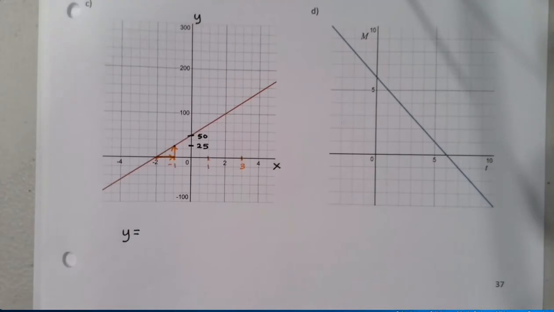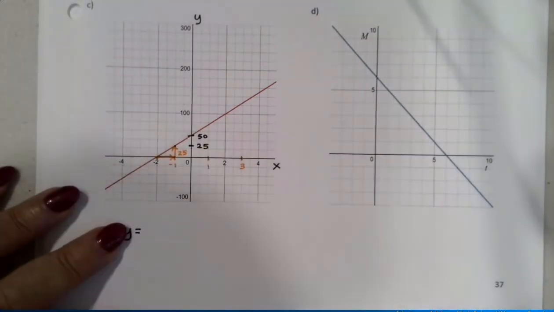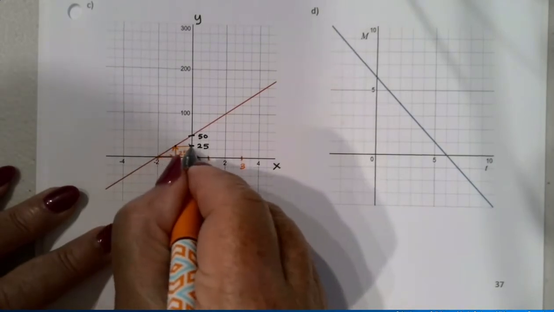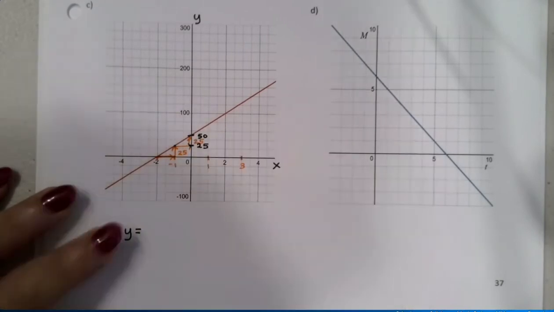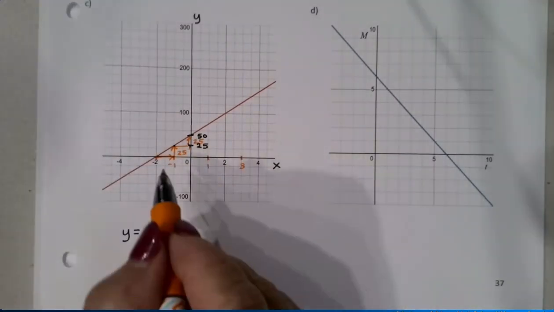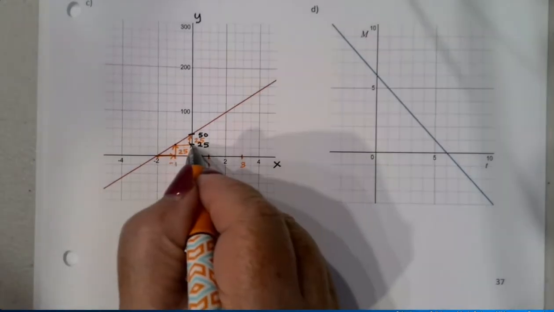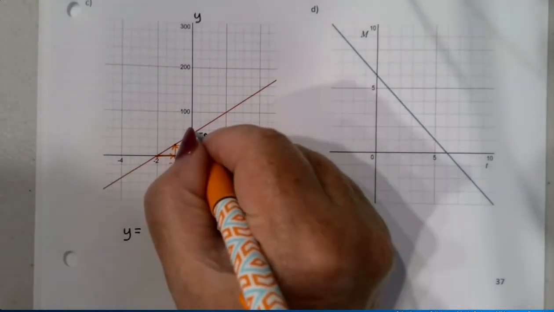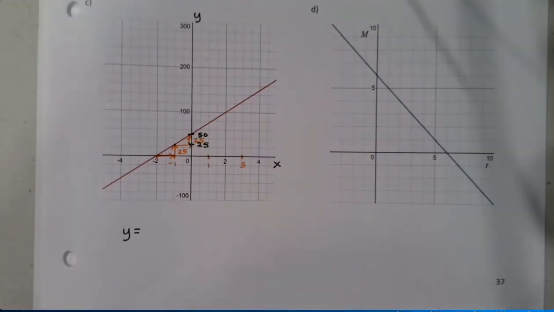I think that makes sense, because if that's 25, and I go over one more and up, that would also go up by 25. Right, so the pattern kind of makes sense. Over 1 up 25, over 1 up 25, over 1 up 25, and so on. So I think my slope is 25.